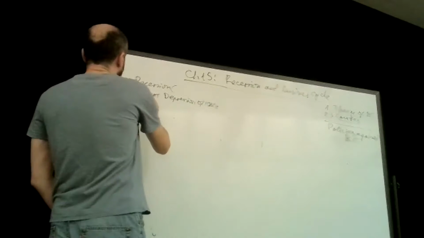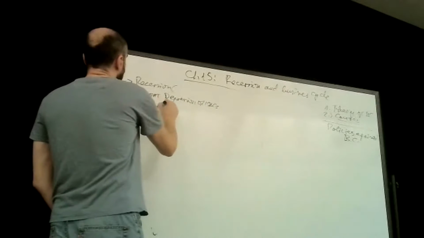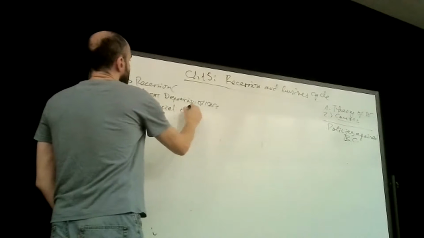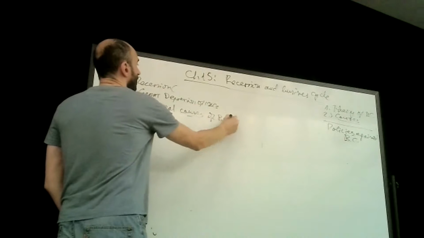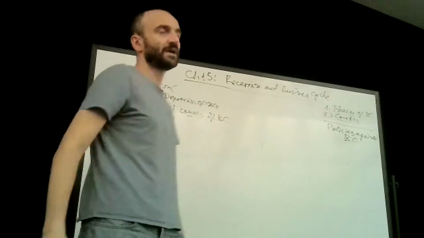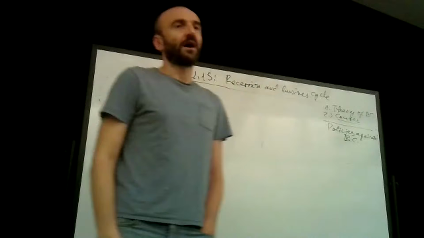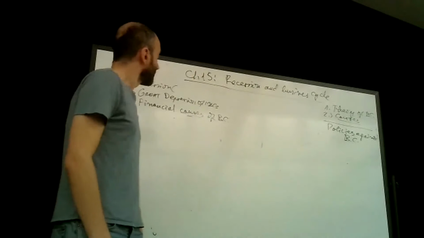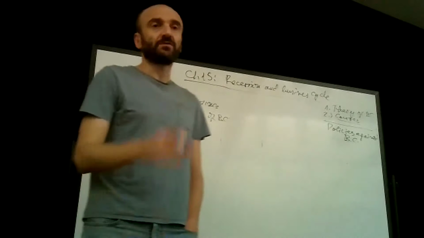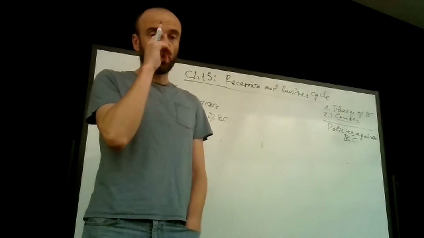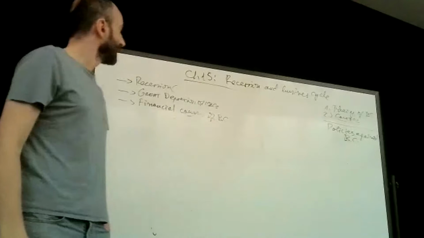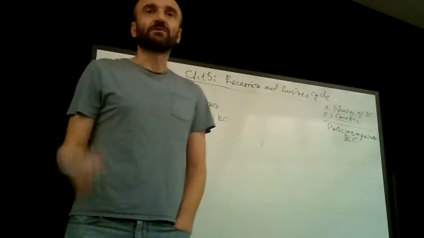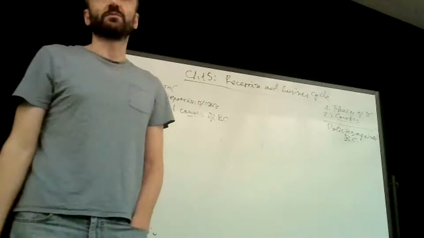So, financial causes of business cycle. I'm going to try and explain how the banking and monetary systems create certain distortions in the economy that result in the boom and bust cycle.